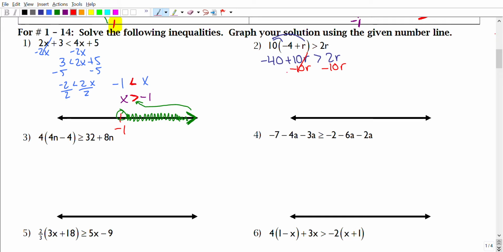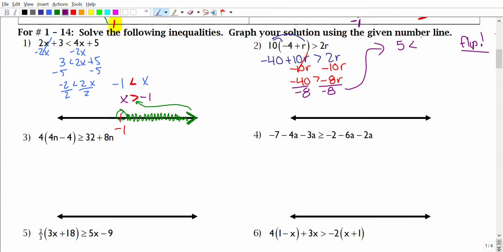So what do I get? I get -40 is greater than -8r. Now look at what I'm doing. I'm dividing by a -8. So that means, what do I have to do? If I divide by a negative number, well, first off, -40 divided by -8 is a positive 5. But I divided by a negative, so my symbol has to flip.